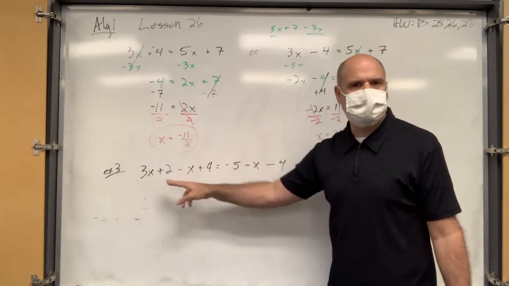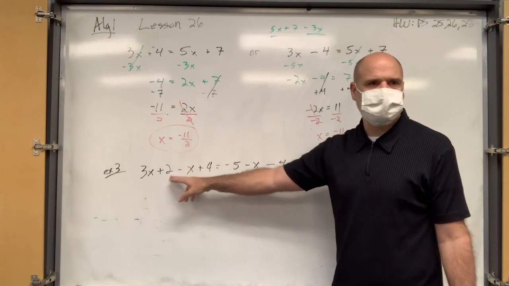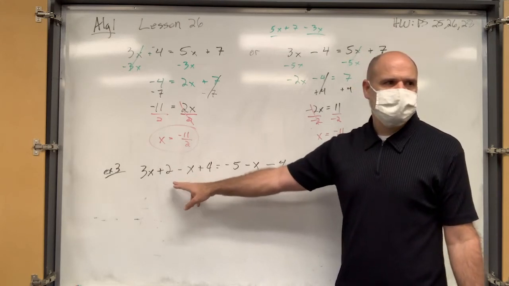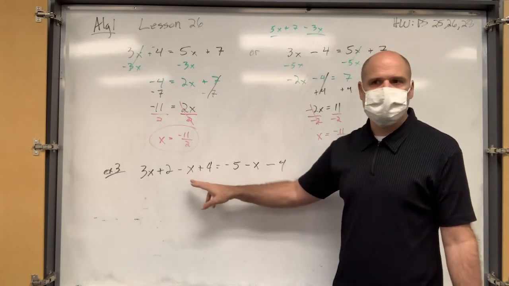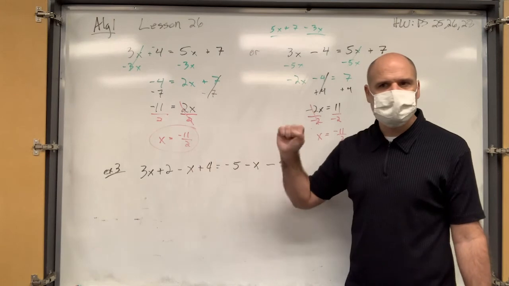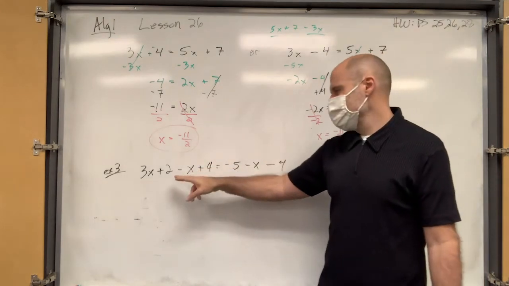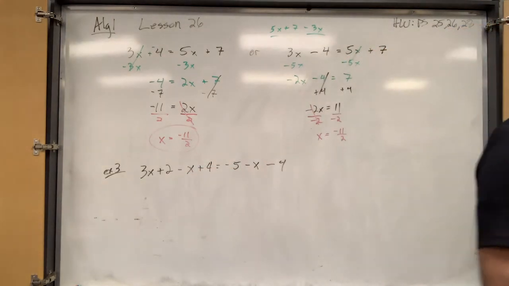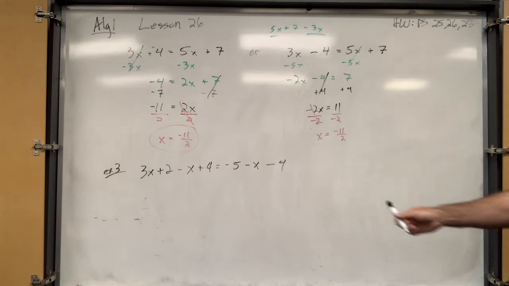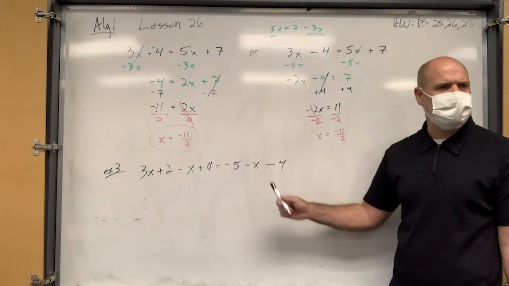These are variable terms. What are these terms called? Do you remember? Starts with the C. Because they never change. They're constants, okay? So there's multiple variables on the left side and multiple constants, and there's multiple constants on the right side and one variable.